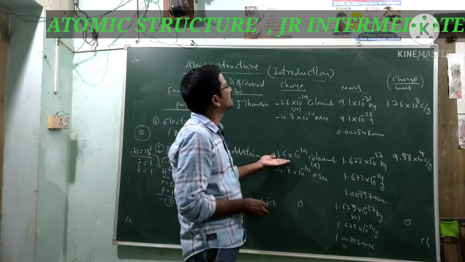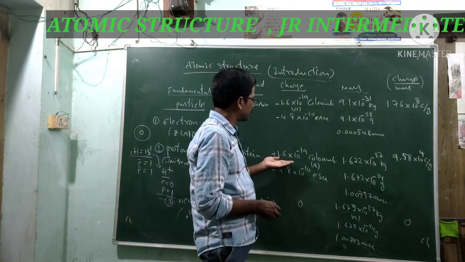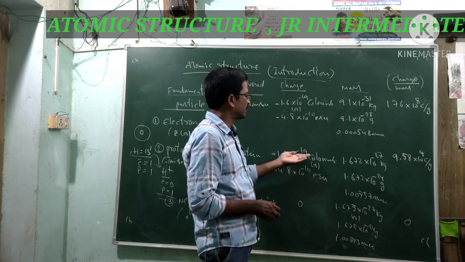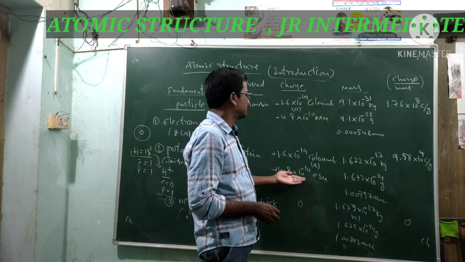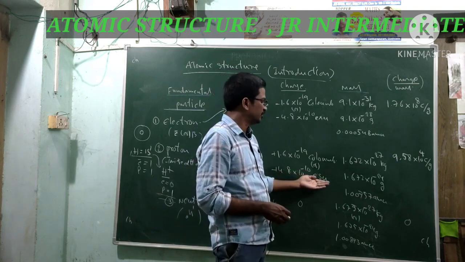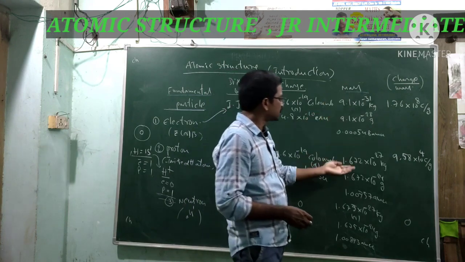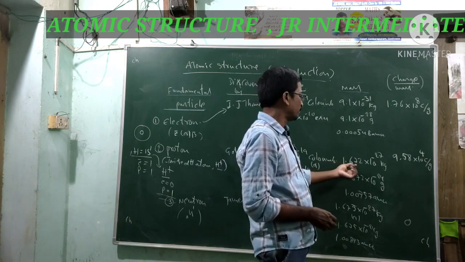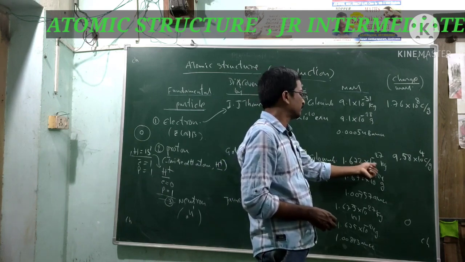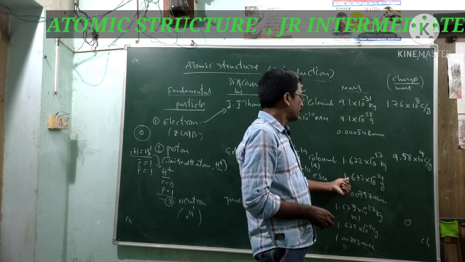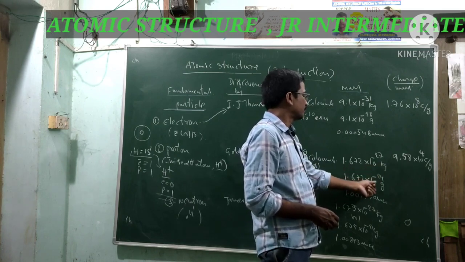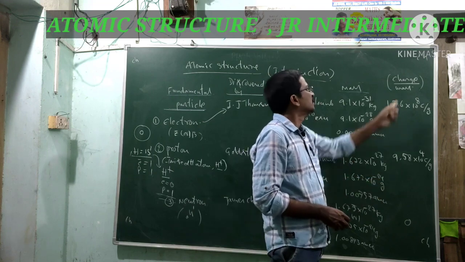Next, the charge of the proton is 1.6 into 10 to the power of minus 19 coulomb, or plus 4.8 into 10 to the power of minus 10 ESU. The mass of the proton is 1.672 into 10 to the power of minus 27 kg, or 1.672 into 10 to the power of minus 24 grams.